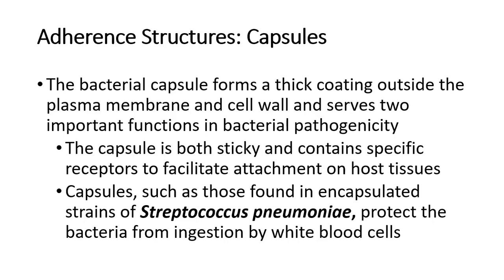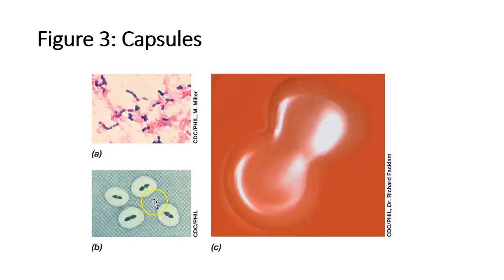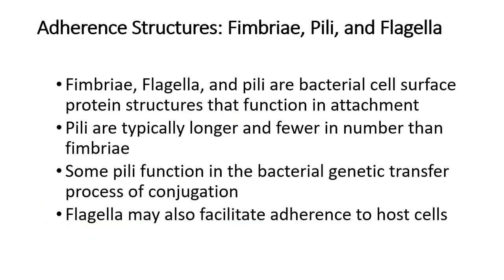And these capsules make it hard for the cells to phagocytize these certain encapsulated strains. Okay. So you can see this capsule around strep pneumo, and it makes it harder for these white cells to get a hold of these guys.